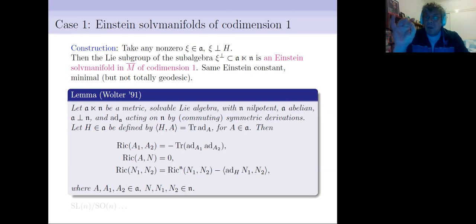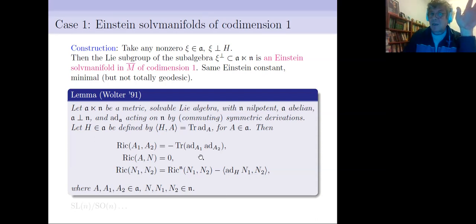Now, the beauty of this theorem, if you will, of this lemma, is this. If you have your A semi-direct with n, and you remove from your A a vector which is perpendicular to your H, then the right-hand side does not change at all, right?